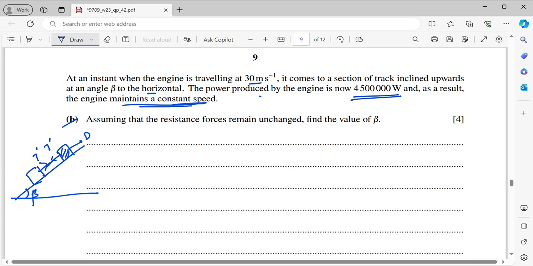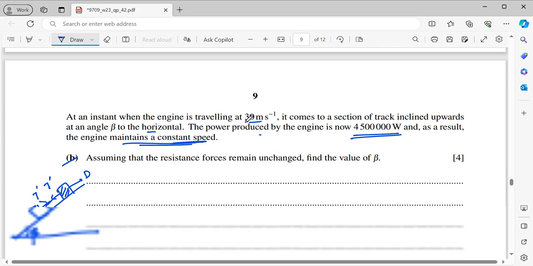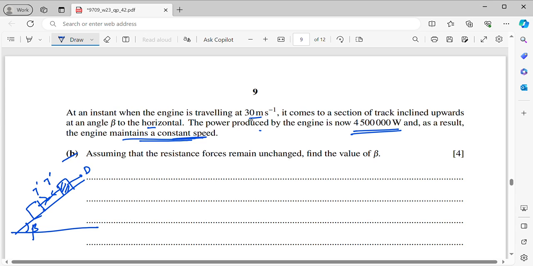So when constant speed, so go back to the previous. Okay, traveling at 30. So now your U is 30 meter per second. A equals to 0 because of constant speed. Then here I still have the FE, and then this is the FC. Then together with the weight, this is 60,000. Okay, so I need to find what is my beta.